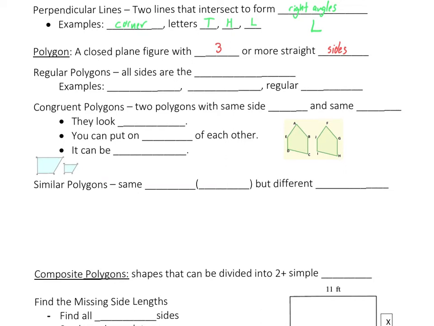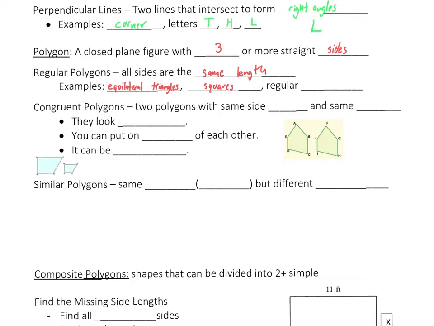Regular polygons then are polygons where all sides are the same length for it to be regular. Examples would be not all triangles, but we call them equilateral triangles. Not all quadrilaterals, not rectangles, but specifically squares would be the four-sided.